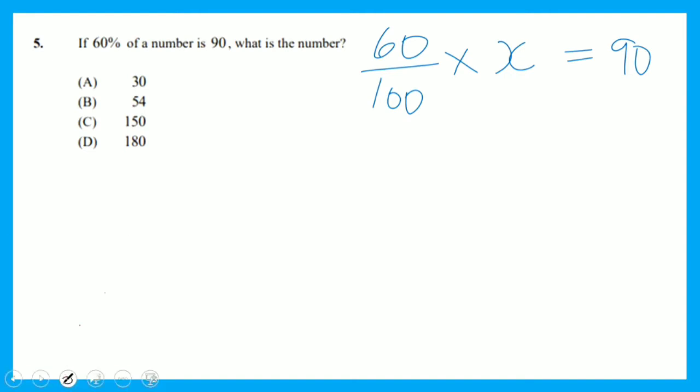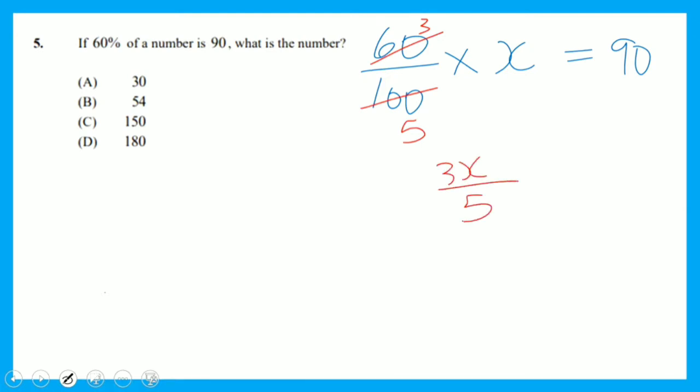We can divide both of these by 10, that's 60 and 100, or we can divide by 20. Whatever you choose, just simplify both numbers. 20 into 60 goes 3 times, and 20 into 100 goes 5 times. So if we simplify this left-hand side of the equation, we have 3x over 5.